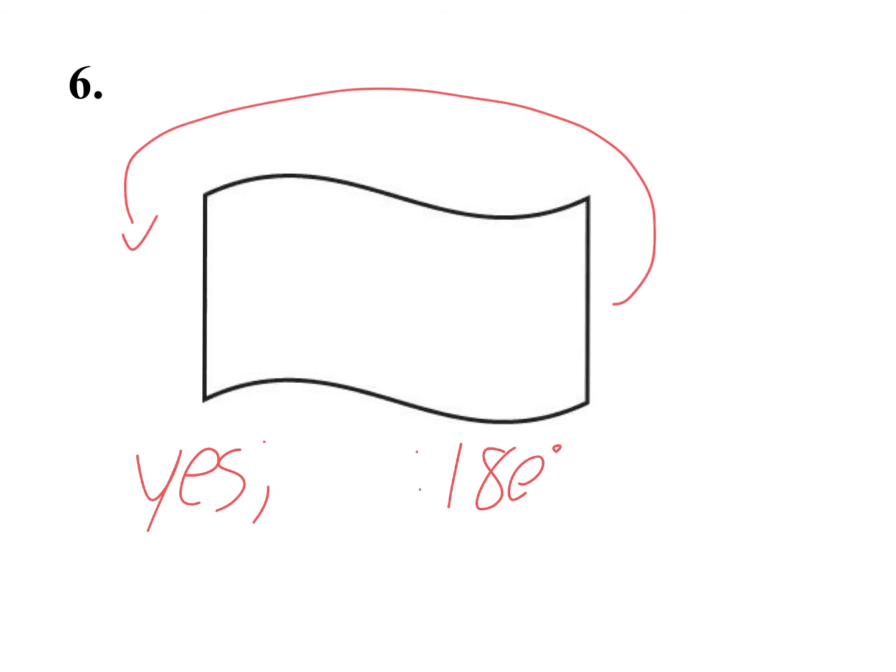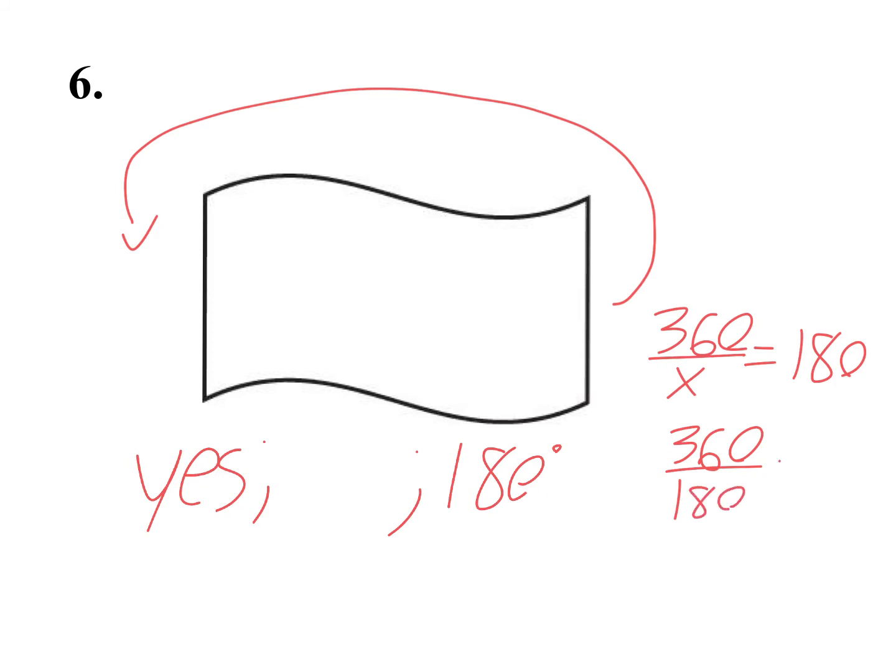So I can work backwards to figure out my order of symmetry. 360 divided by my order will give me my magnitude. Rewrite the equation: 360 divided by my magnitude gives me my order of 2. As for my center of symmetry, there.